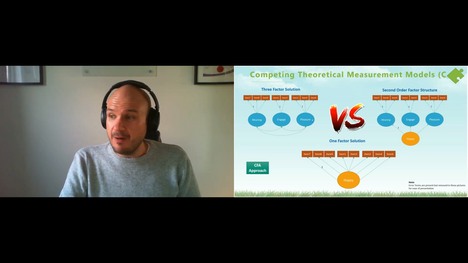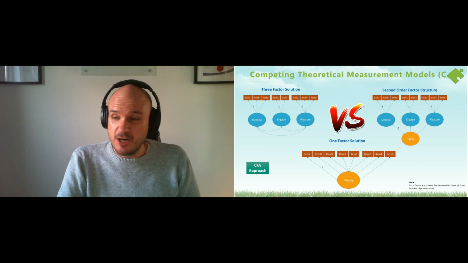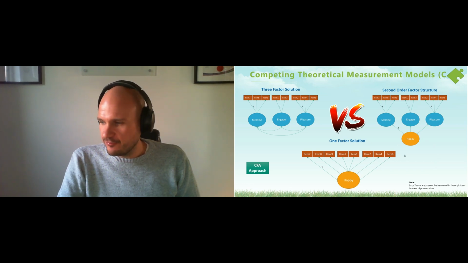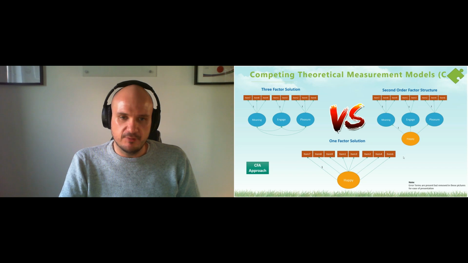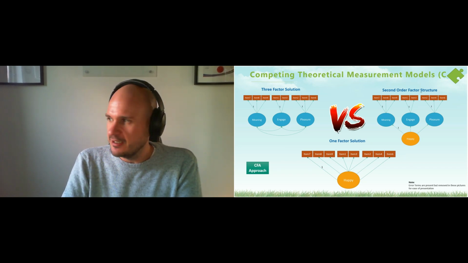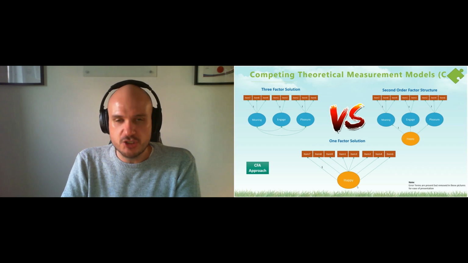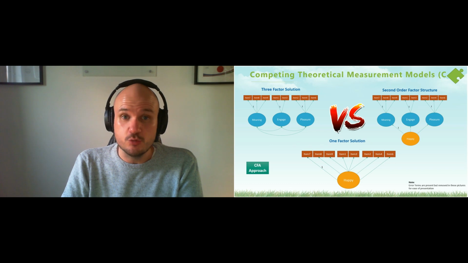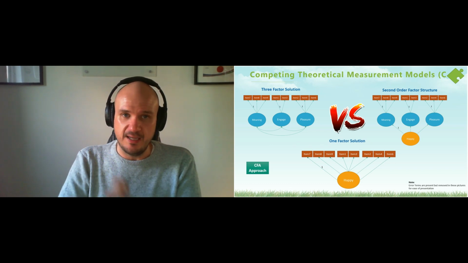It can be 3 paths to happiness in isolation, so meaning, engagement, and pleasure on its own. It could be that meaning, pleasure, and engagement in combination with one another leads to happiness, or happiness can just be a function of all of the items in totality, right? So this is a CFA model, a confirmatory factor analytic model, and 3 different versions of them. So we're going to estimate them and test them against one another to see who is the strongest, and we'll do that at the end.